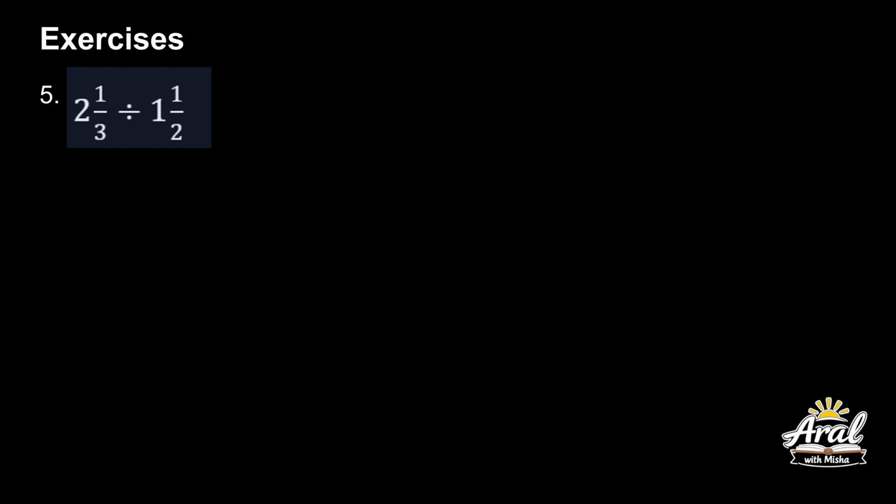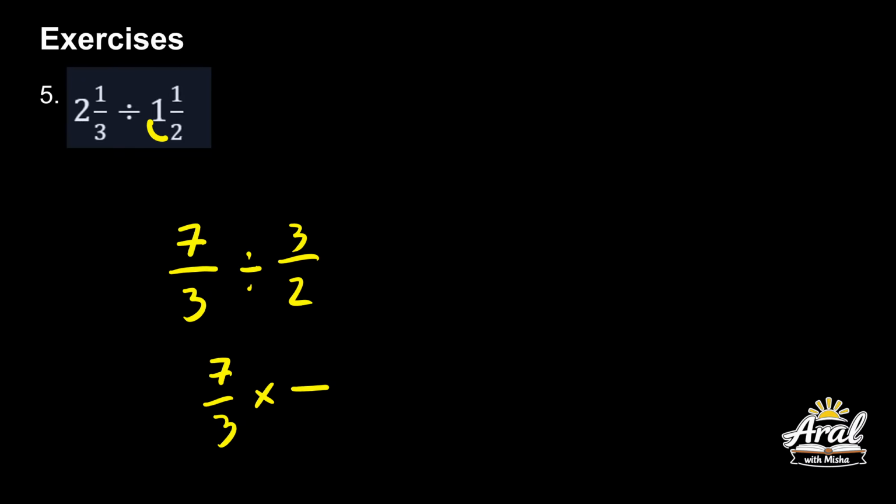2 and 1/3 divided by 1 and 1/2. Make it improper fraction. 3 times 2 is 6 plus 1, 7 over 3. Then divided by 2 times 1 is 2 plus 1 is 3 halves. So 7 over 3 times, gawin mong multiply, di ba? Pag division, then get the reciprocal of the divisor. 3 halves, so 2/3.